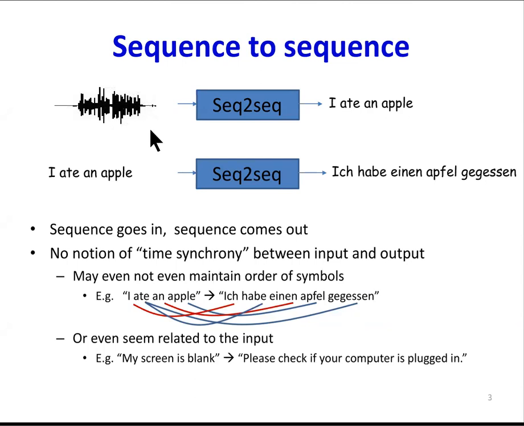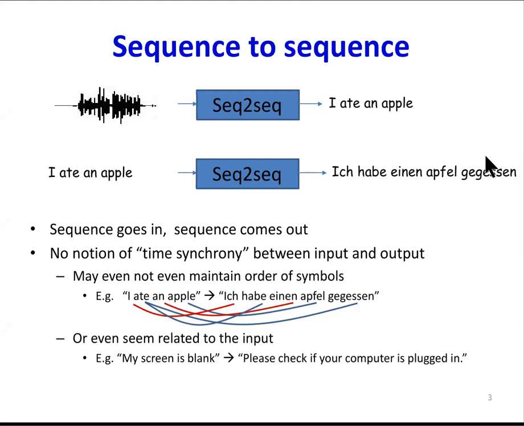Now we can even have the second version where you don't even have that kind of correspondence between the input and the output. For example, if you were doing machine translation and you're trying to translate from English to German, "I ate an apple" would go in, "ich habe einen Apfel gegessen" comes out. If you look at the correspondence, "ate" is the second word here.